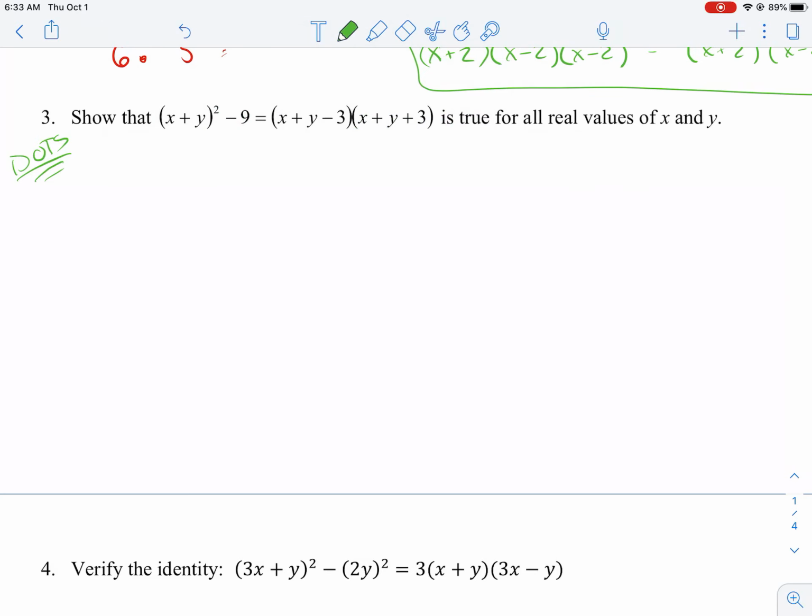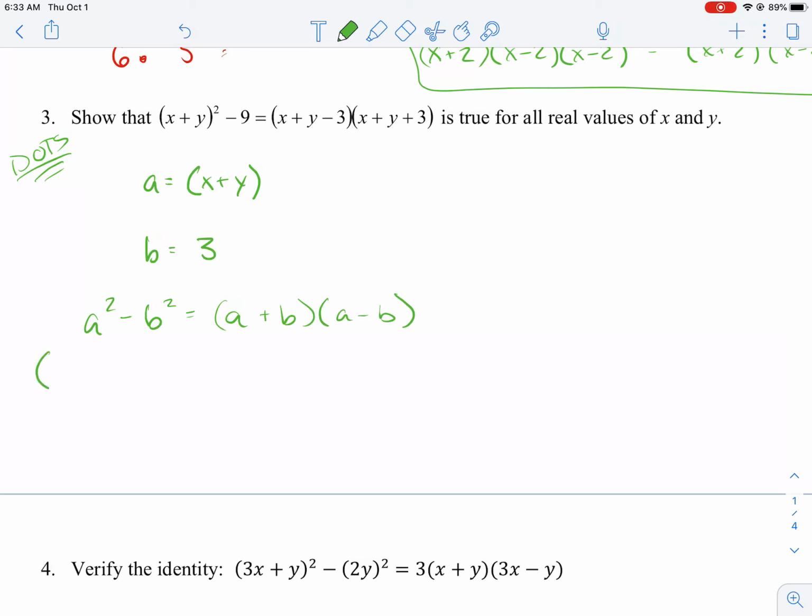Let me get rid of that. Okay, so our a value here is x plus y, and our b value is 3. Remember, difference of 2 squares looks like this: a plus b, a minus b.